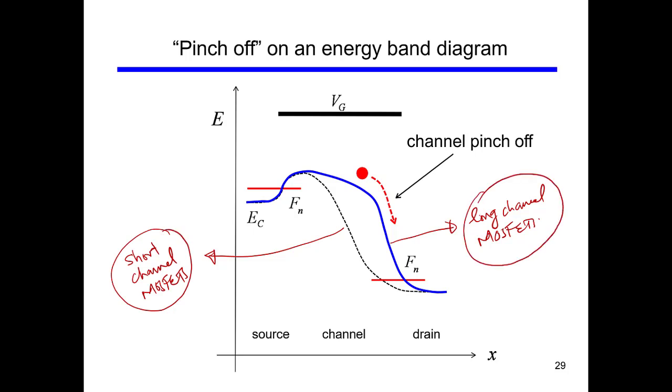Okay, so in the short channel MOSFET, you cannot clearly see the pinch-off region; it sort of disappears. You can only see it in the traditional old long channel MOSFET.